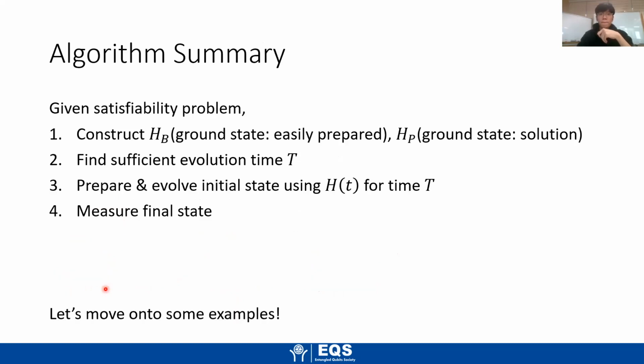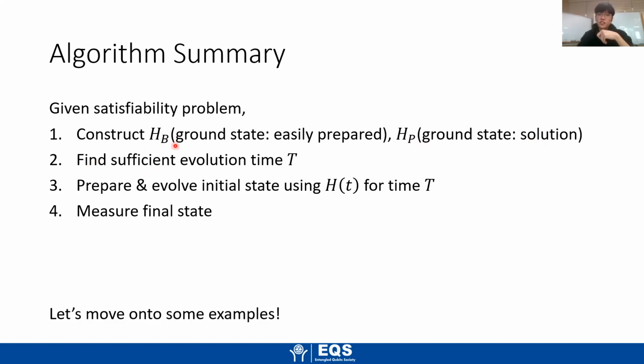To give a short summary of what we discussed so far, let's say that we are given a satisfiability problem and we want to solve this using AQC. Then we construct H_B, which has a ground state that is easily prepared, and H_P, which has a ground state that encodes the solution. And we find some way to evolve it from H_B to H_P.